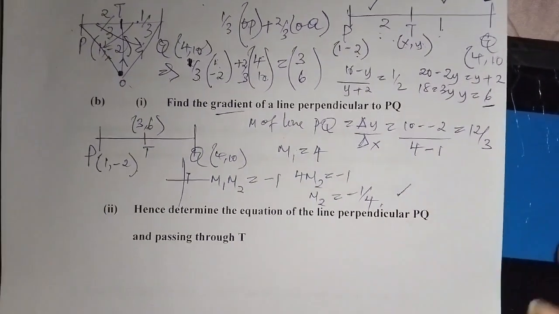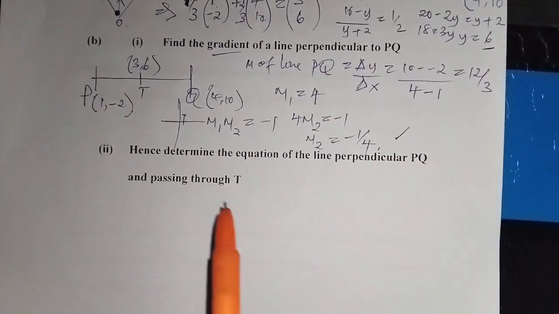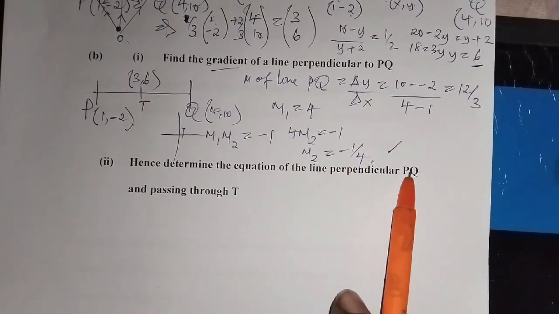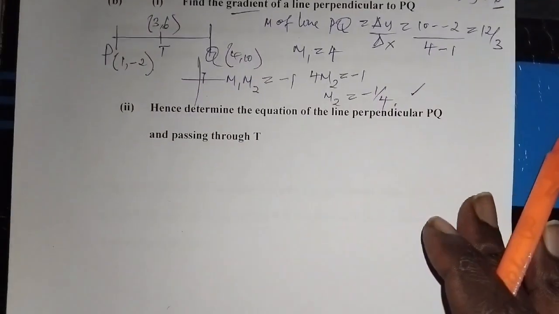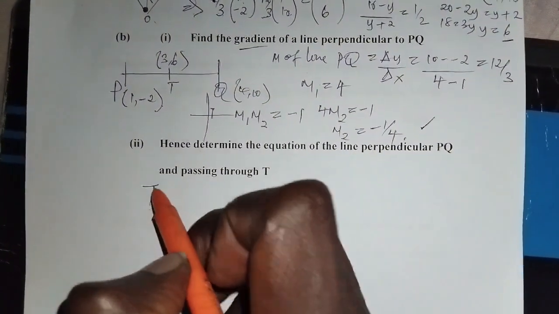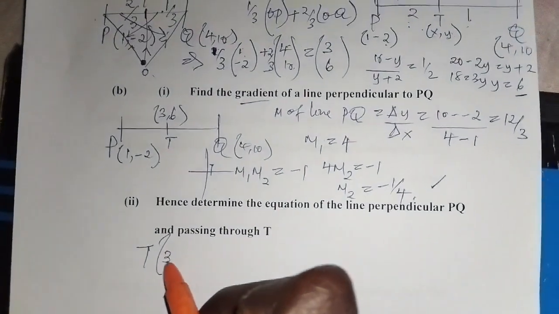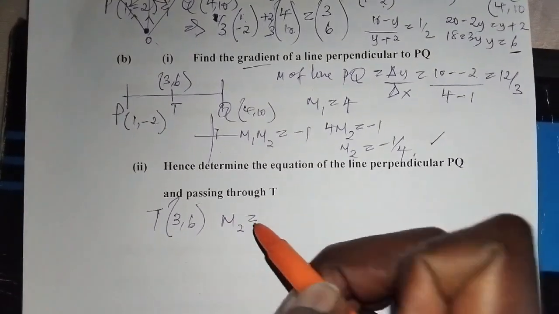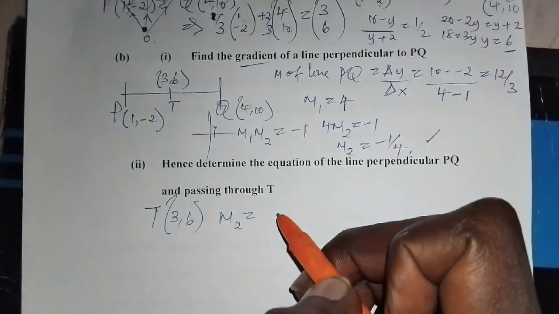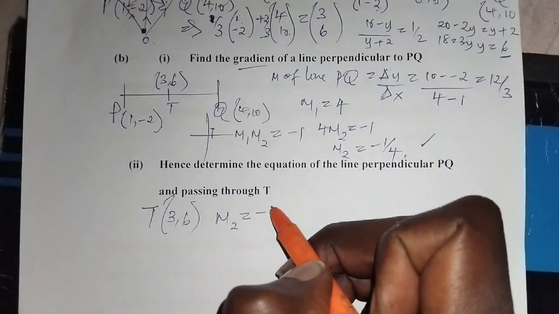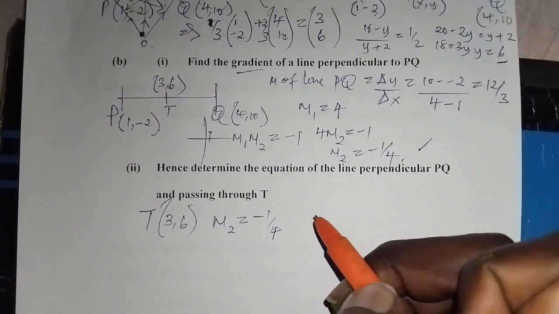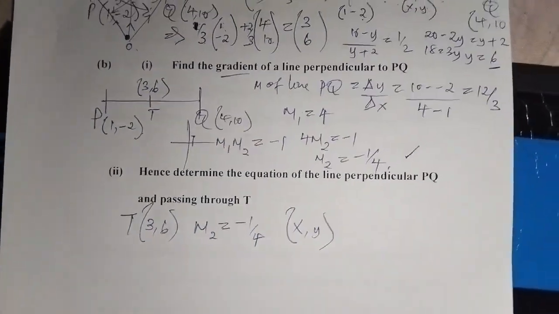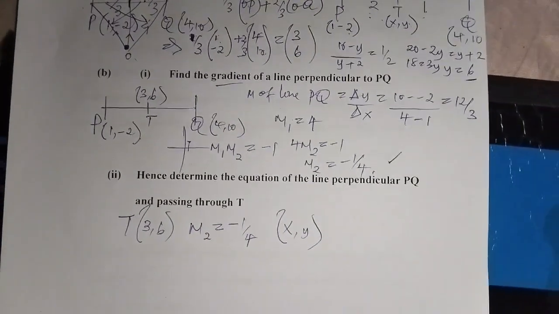Then the next part, hence determine the equation of the line perpendicular to PQ and passing through T. So our point T is (3, 6), and the gradient of the line passing through that point is -1/4. So you can have another unknown point along that line to be (x, y).